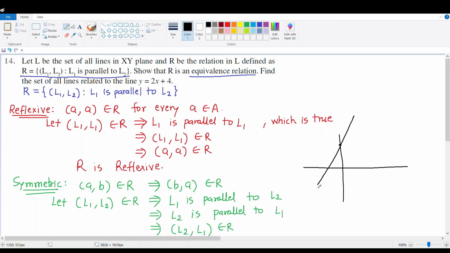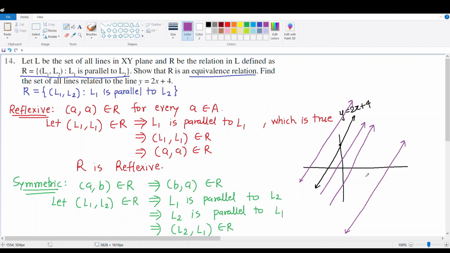So this is actually that line, the y equals 2x plus 4 line. So we need to write all the possible lines which are parallel to this line. So any line which is this way, or any line maybe somewhere here, or any line somewhere here.